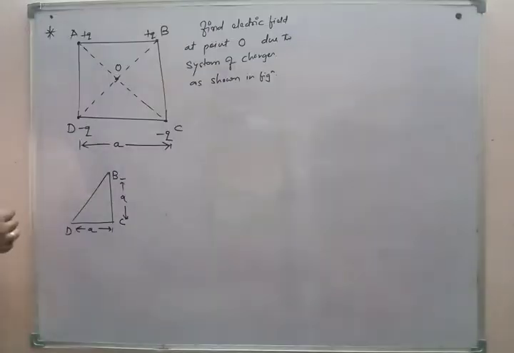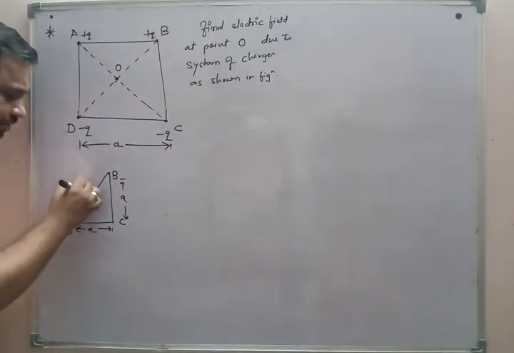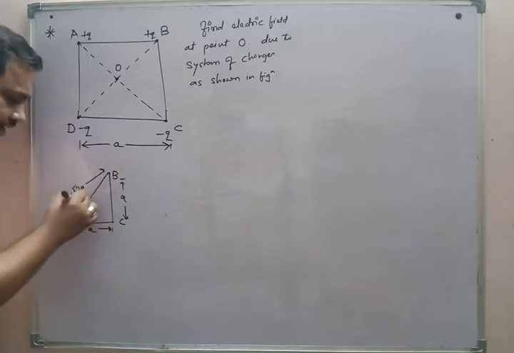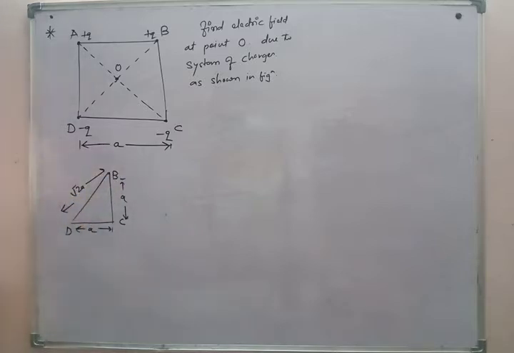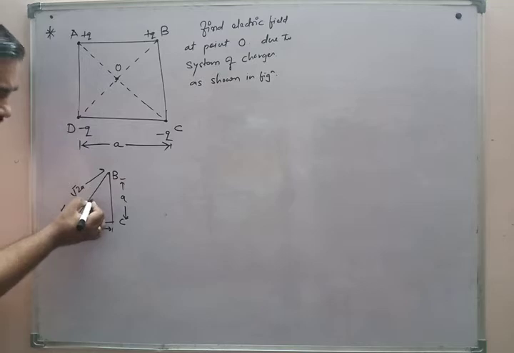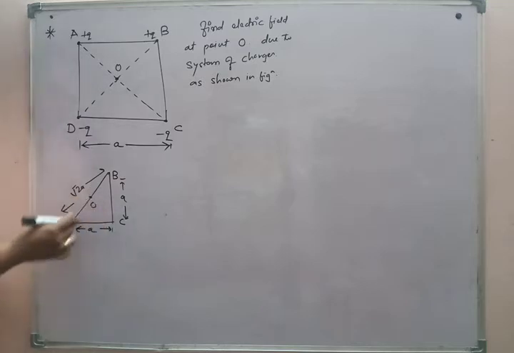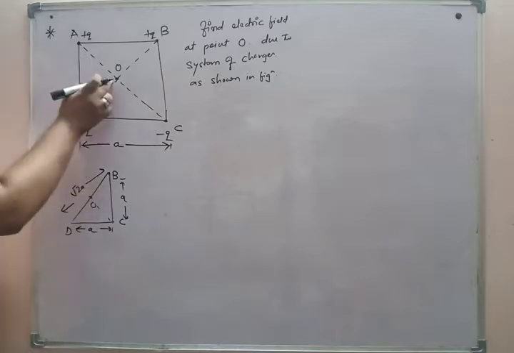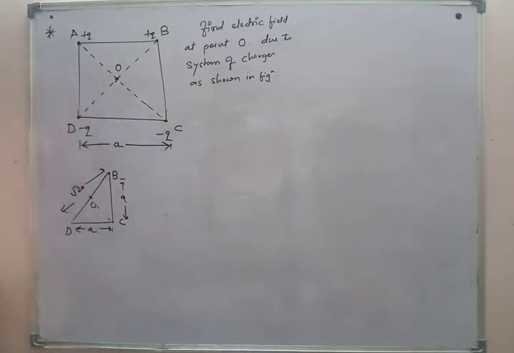Using Pythagoras theorem, BD equals the square root of a square plus a square, so 2a square, and the square root of that is root 2 a. But I want this distance B to O, which will be same as D to O or C to O or A to O.